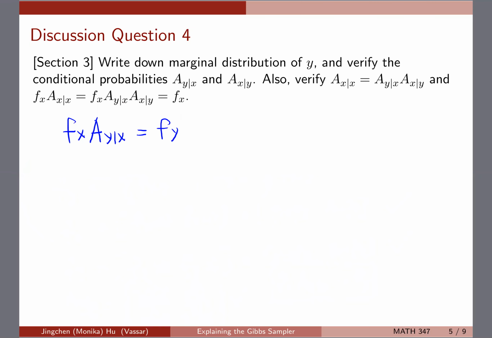So the left hand side: the marginal of x, you should have it with you, so I'm just going to write it here. It's P1 plus P3, P2 plus P4, and then multiply with this matrix. The matrix is P1 over P1 plus P3.